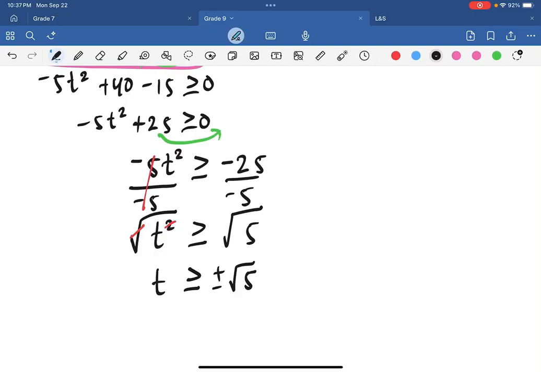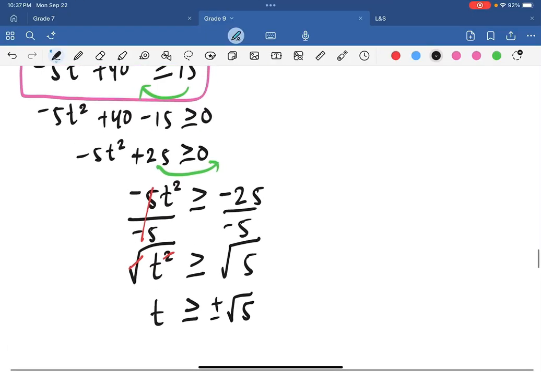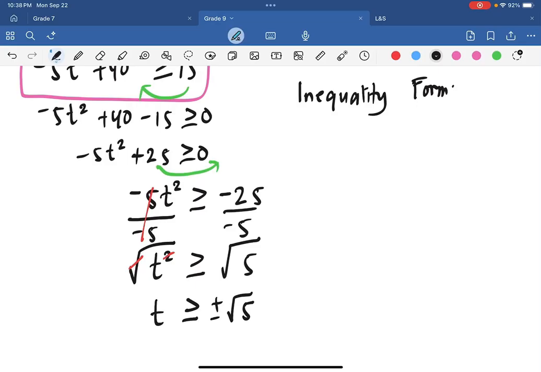But then again, here we need to write this in an inequality form and interval notation.